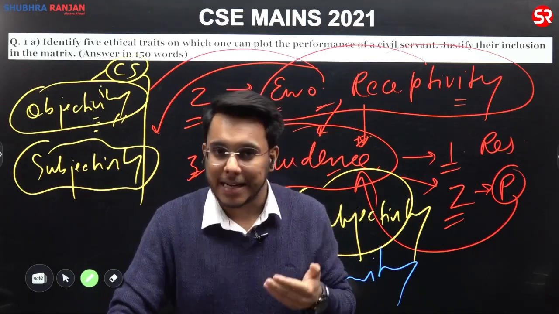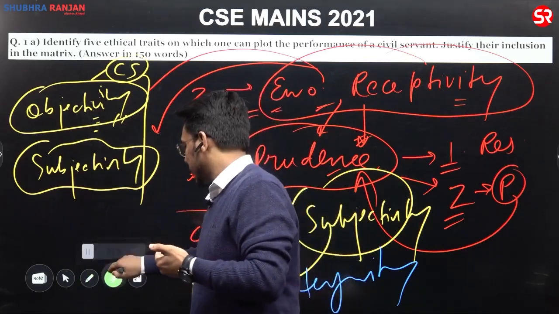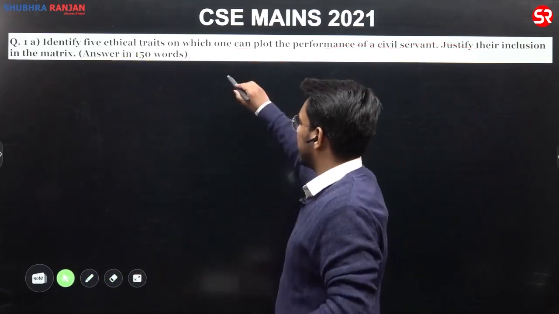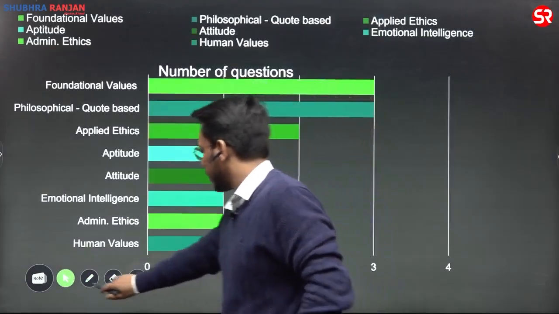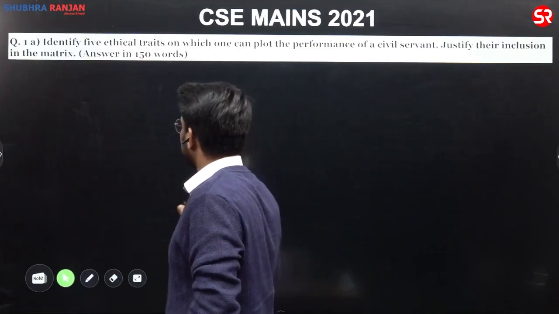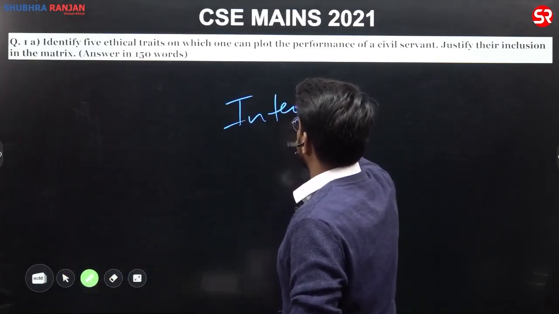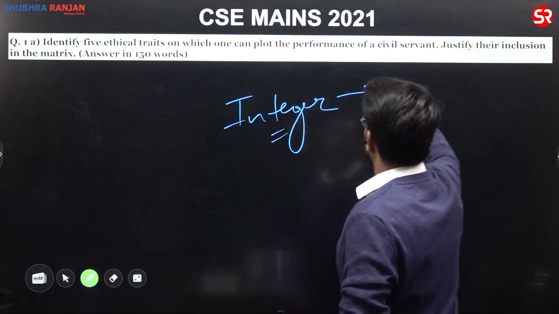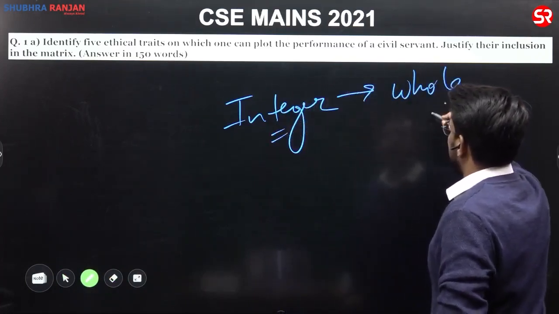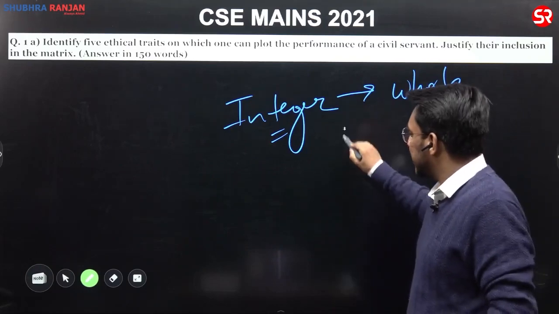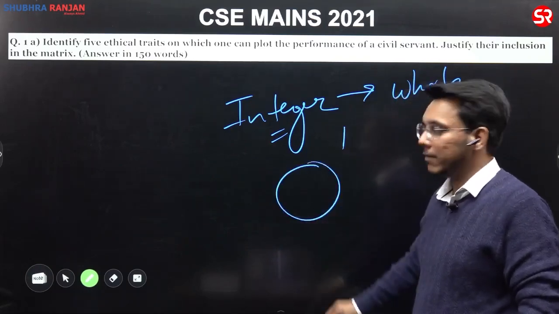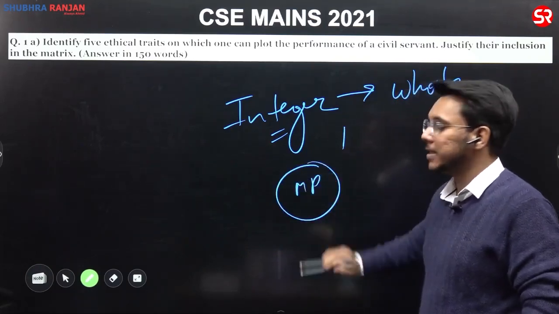Is it clear? The word integrity has been derived from the word integer. It means to act as a whole. Integrity means, number one, you need to have the highest moral principles.